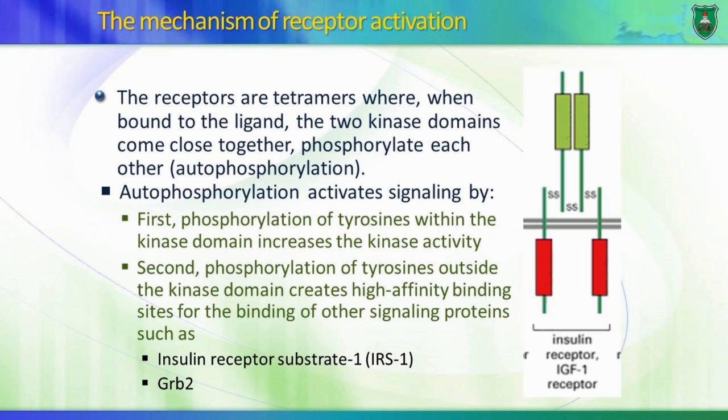So autophosphorylation activates signaling by first phosphorylation of the tyrosine that makes the kinase activity of the receptor more active. That's one. And two, when the tyrosine residues are phosphorylated, it allows for interaction with other molecules, including the insulin receptor substrate and GRB2. So these are docking molecules.